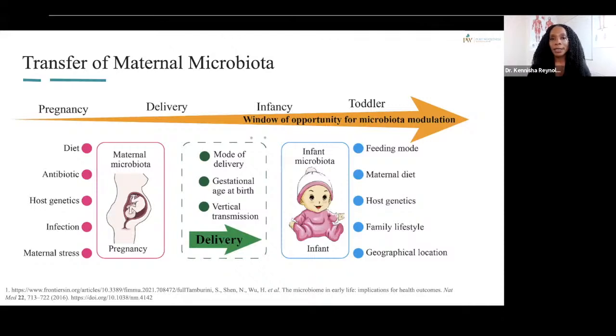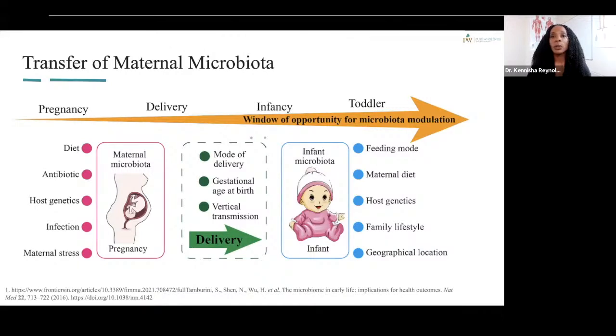It starts from pregnancy, so the mother's diet, antibiotic use, and genetics, infections, stress. These are all factors that can facilitate and shape the composition of the microbiome of the mommy. And in the mother, these changes that can happen in a microbiome can be passed down to the child.